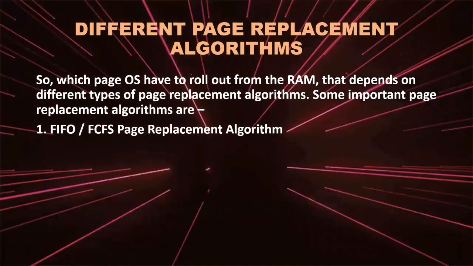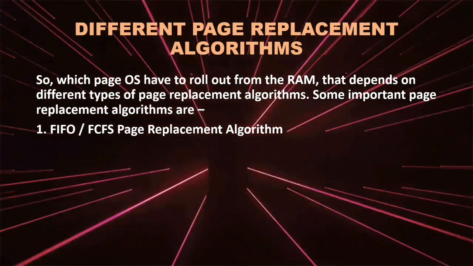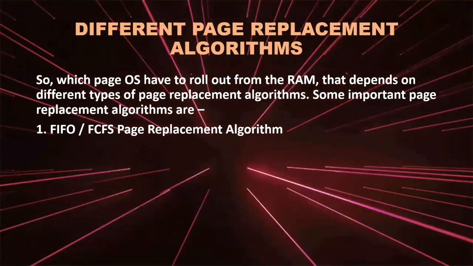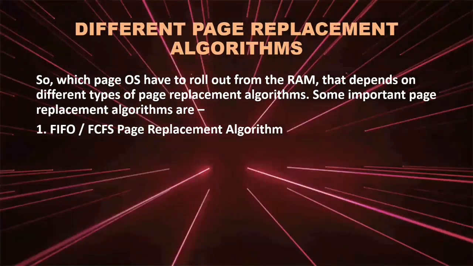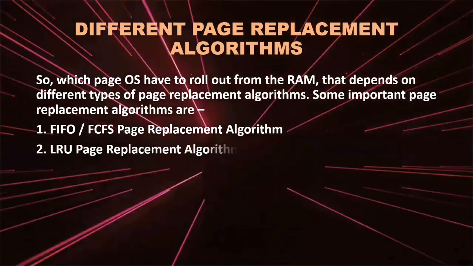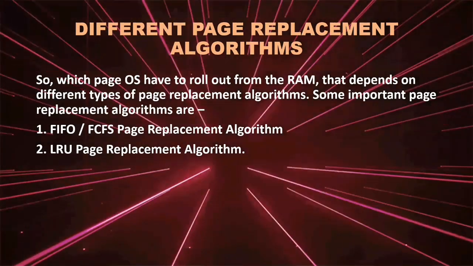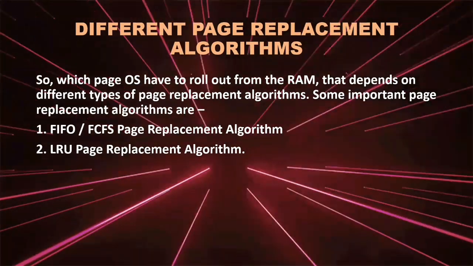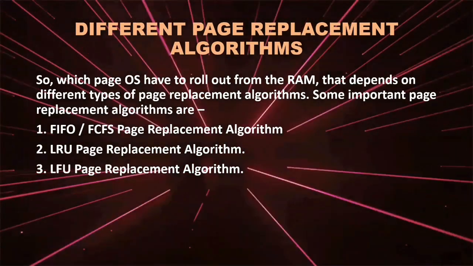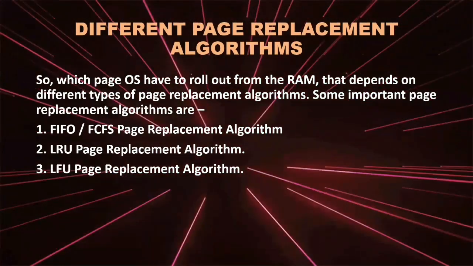One is the FIFO or FCFS page replacement algorithm. Here FIFO means first in first out, and FCFS means first come first serve. Number 2 is the LRU page replacement algorithm, that is, least recently used. Number 3 is the LFU page replacement algorithm, that is, least frequently used.